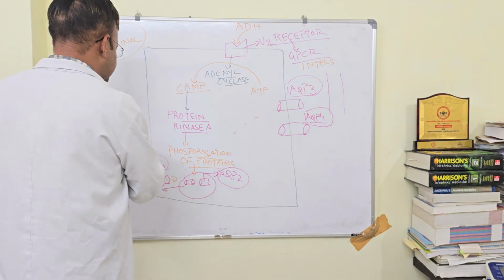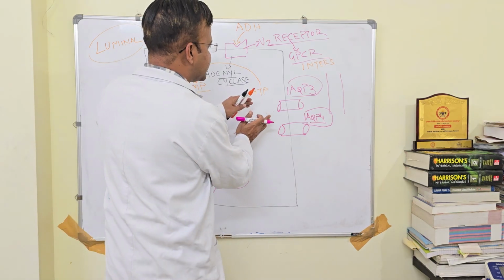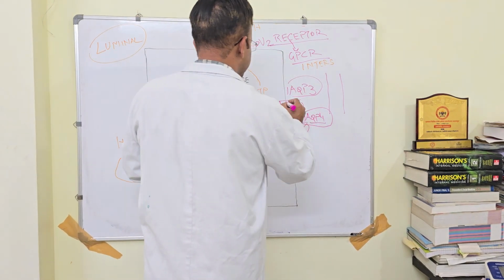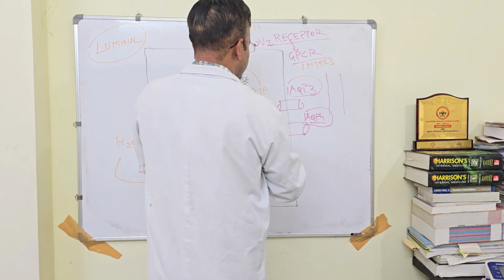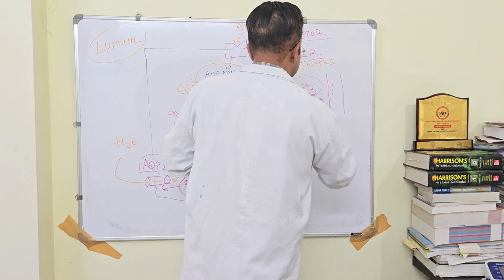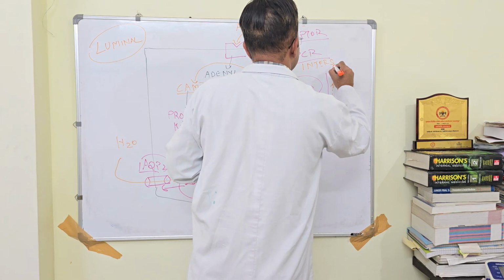So water will come inside through aquaporin 2 channels. It will travel and exit the cell into the interstitium with the help of aquaporin 3 and aquaporin 4 channels. From here your water will enter into the blood vessels with the help of osmosis and bulk flow into the vasa recta and go inside the blood.